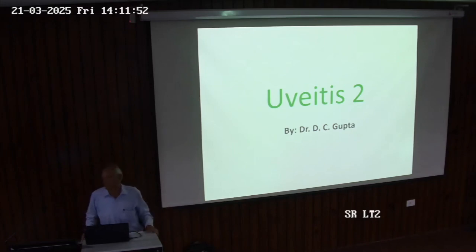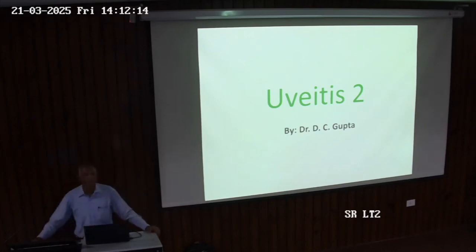There are other features, but the important thing is these two features so that you can diagnose a case of acute uveitis, iridocyclitis. Once we have diagnosed, then we go further. What investigations we have to do, along with the treatment and differential diagnosis, we are discussing today.